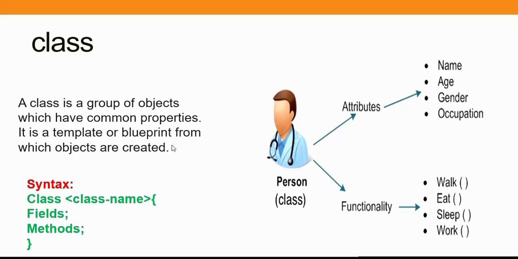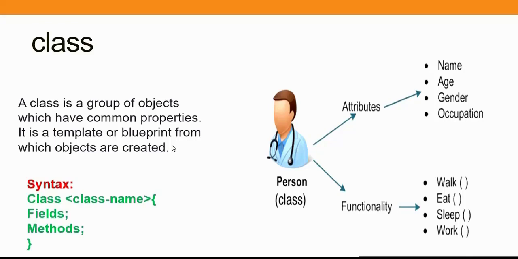Let's take apple as an example object. Apple is a fruit, so you can say apple is an object from the class fruit. You can have grapes, bananas, everything, as those are all fruits.